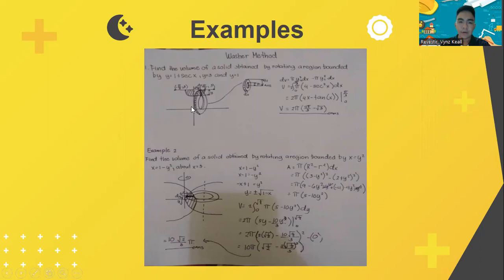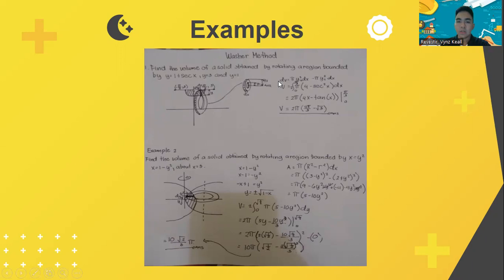Then we create a graph for the washer method. This is the washer. We labeled the points negative pi over 3, 3, and pi over 3, 3. So for the washer method, the thickness is dx, the axis of rotation is here, the height of the inner circle is labeled y sub 1, and the height of the outer circle is labeled y sub 2.